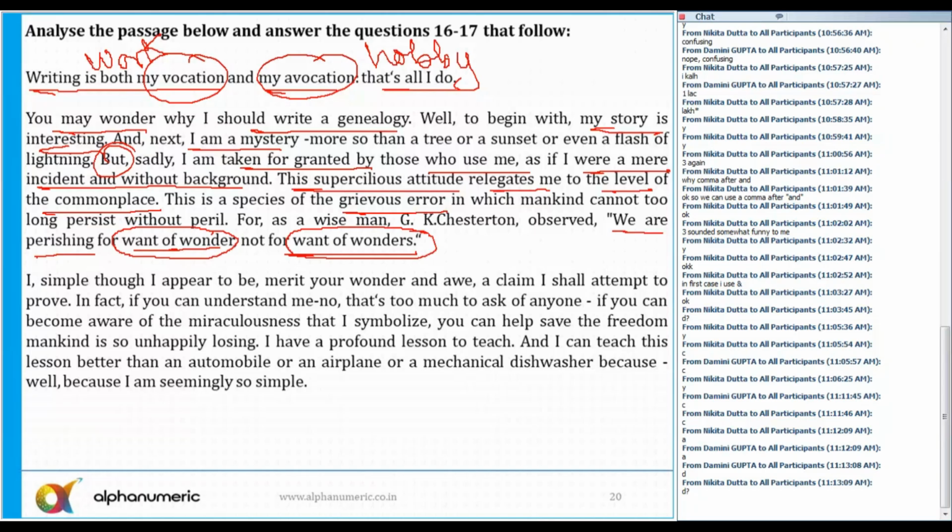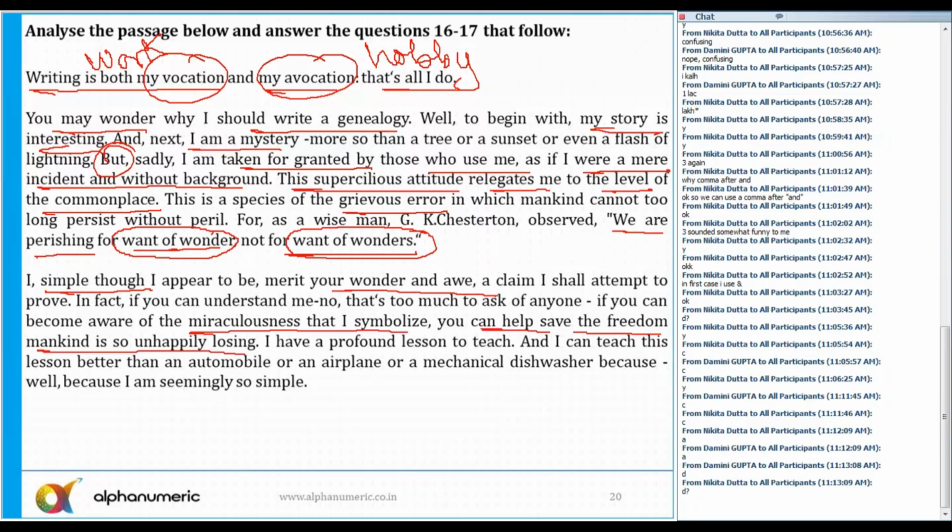So he tells you, even though I'm simple, I merit your wonder and awe. You should be enthusiastic about me, even though I'm simple, and I'll prove it to you. If you understand the miraculousness that I symbolize, you can help save the freedom mankind is so unhappily losing.